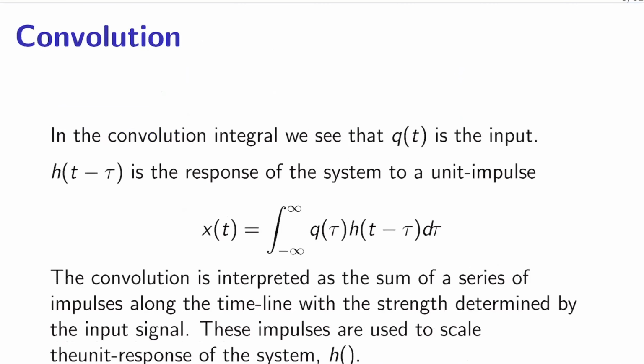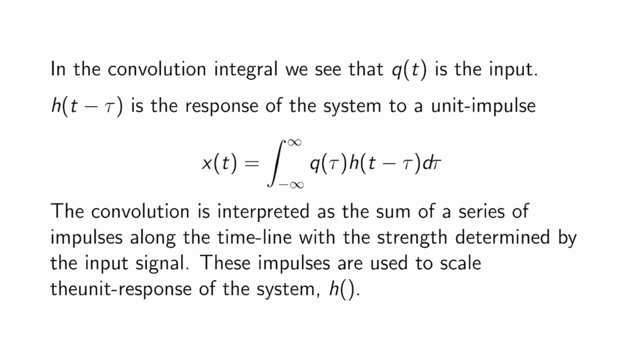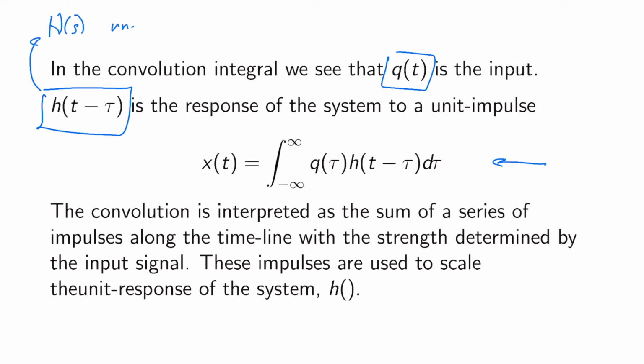Now, in the convolution integral, which is this thing here, we saw that Q is the input. Now h, this actually relates to the use of h of s. So h of s is the response of the system to a unit impulse, okay? So little h is actually the time-dependent response as a result of a unit impulse.